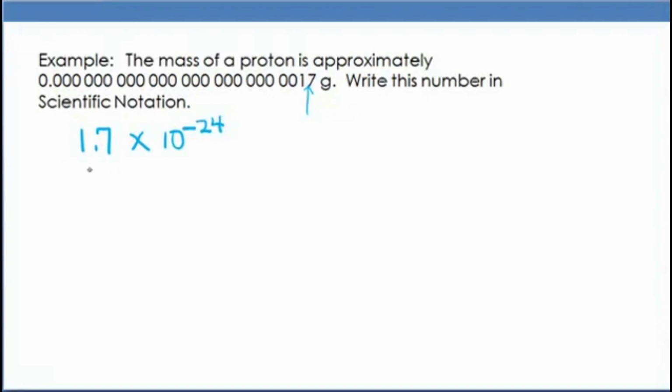If you had to do some other operation with this number, like a scientist would have to, it would be much easier to operate with this number that's in the scientific notation than it would be with all the zeros. So this is the purpose of scientific notation.